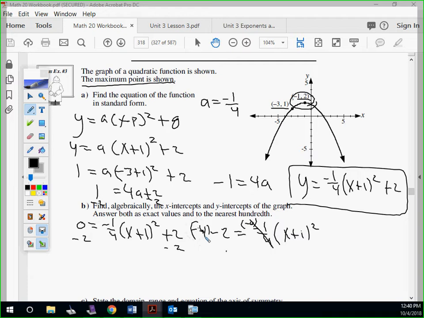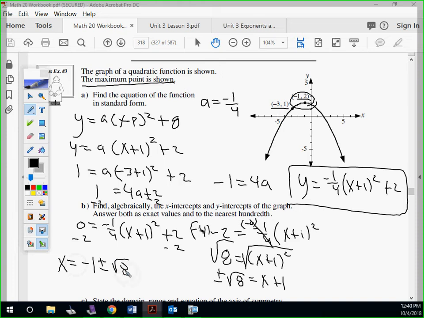So we have 8 equals x plus 1 squared. And we'll square root, so we'll have plus or minus root 8. You can minus the 1 there. So it's going to be x equals negative 1 plus or minus root 8.